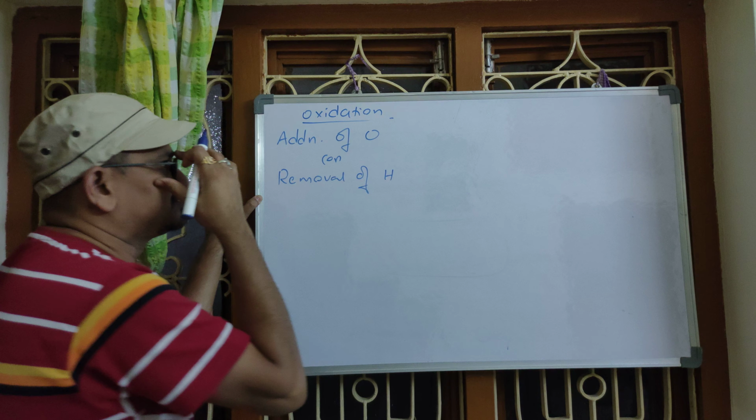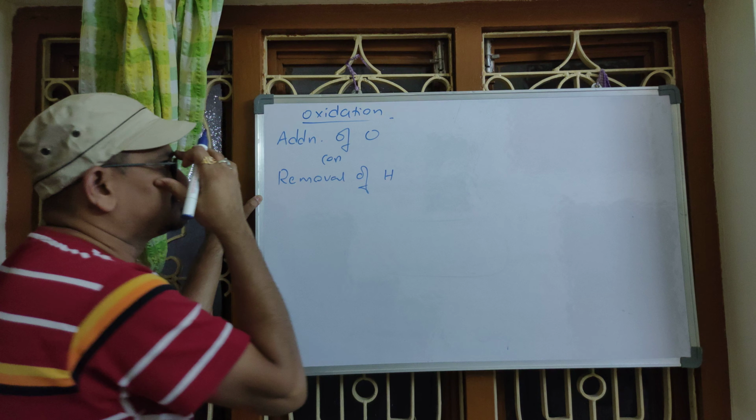When oxygen is added, what did oxygen do here? Oxygen, which is in 0 neutral state, 0 oxidation state means no loss, no gain. Such an oxygen atom had gained 2 electrons from A. Have you noticed that? This oxygen gained 2 electrons and thus became O power minus 2.